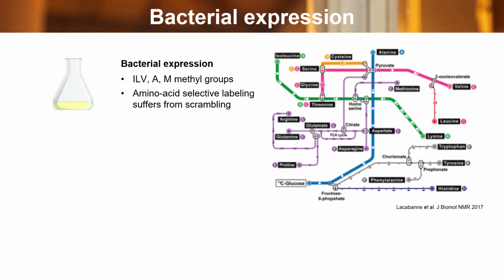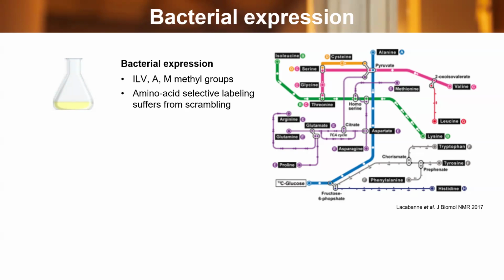It shows how all the amino acids are connected. For example, if you want to label some amino acids like alanine here or phenylalanine here, you could do it easily because they are at the end of the path. But if you want to label threonine, you see it's connected to many other amino acids. So if you label threonine specifically, your labeling will end up all over. This is called scrambling.